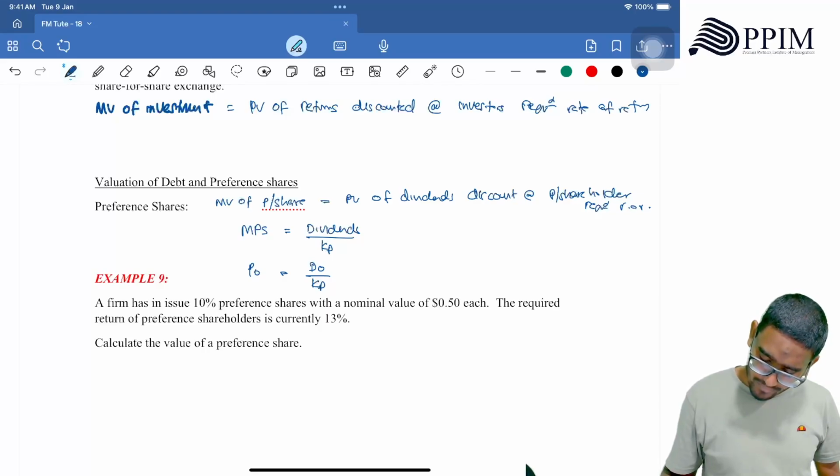Always remember, for preference shares, how do you calculate dividends?